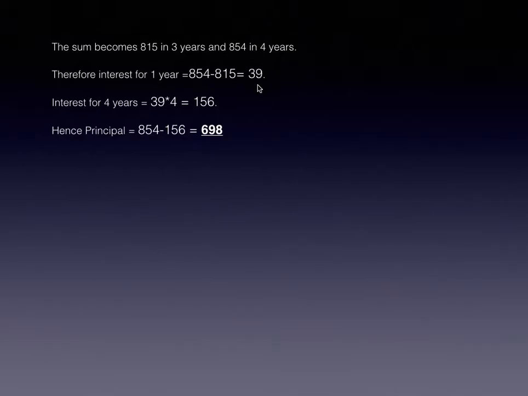Then for 4 years, how much the interest would have been? 39 into 4, which is equal to 156. That is, for 4 years, the simple interest will be 156 and the amount is 854, which means the principal is equal to 854 minus 156, which is 698.